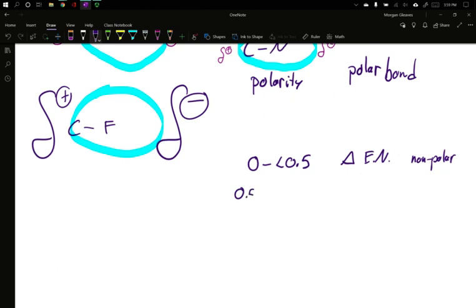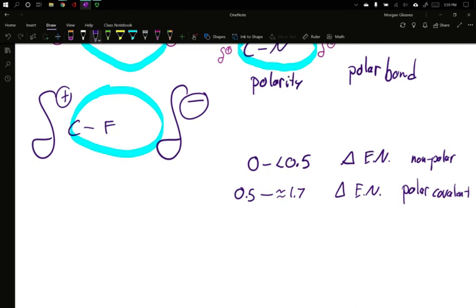If you are 0.5 through about 1.7 for your electronegativity difference, you are polar covalent. You're covalent. You are still sharing electrons.